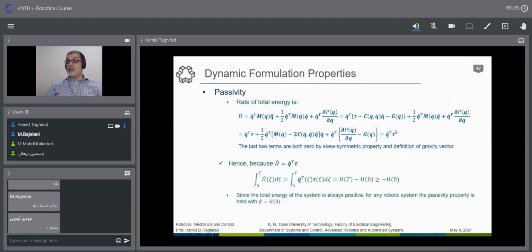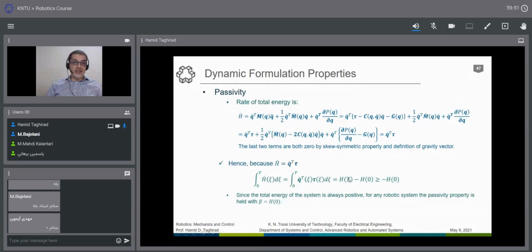Now, since q dot times tau is equal to H dot, this integral is a full integral. Instead of using this, we can use H dot here, and then we can integrate it very easily, giving H at time t minus H at time 0, and we can see that this is always positive energy.